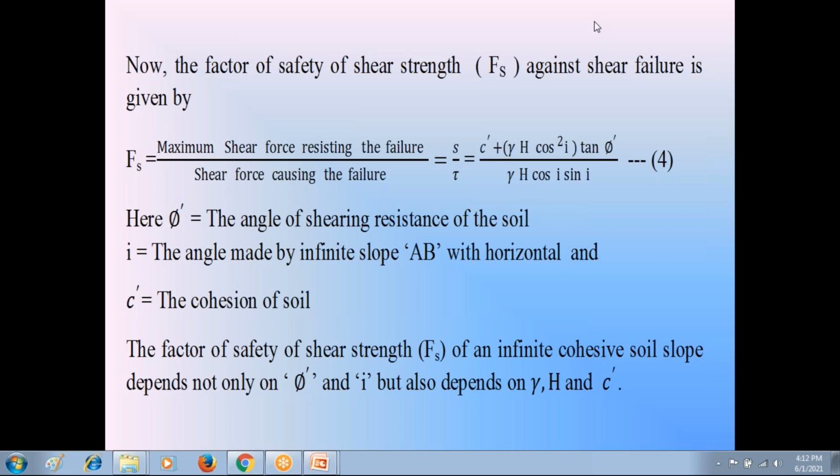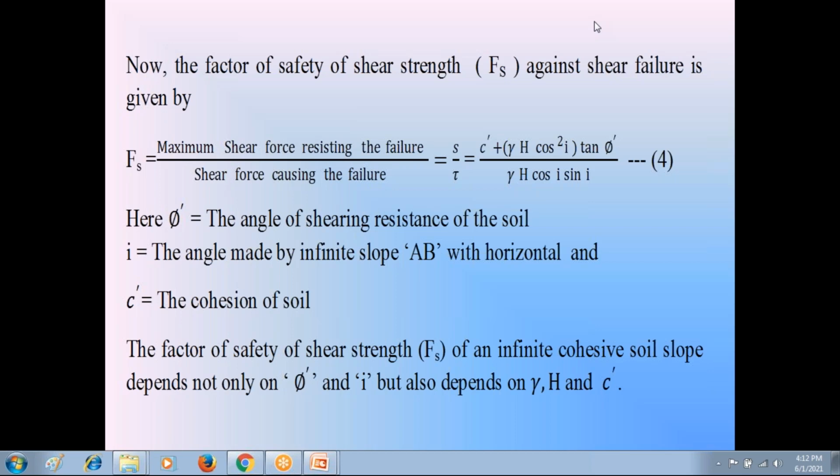We completed already the infinite cohesionless soil slope in the dry condition, submerged condition, and also seepage flow condition.